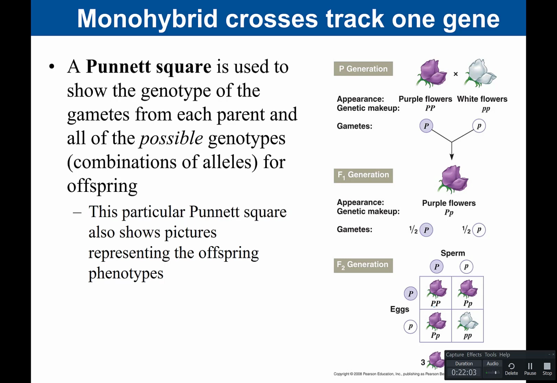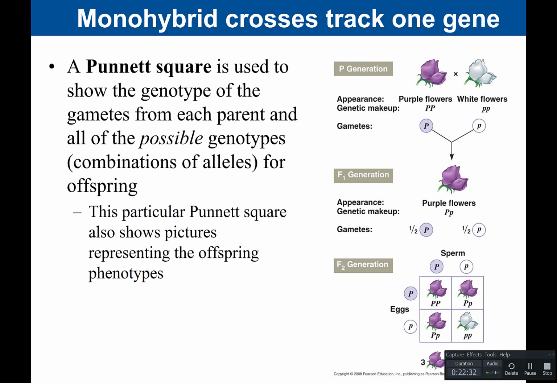However, if we look at the egg giving a little p and the sperm giving a little p, then the genotype is going to be little p, little p, and the offspring are going to have white flowers. So there is an expected ratio of 3 to 1. We would expect that if these two F1 plants mate, 3/4 would be purple and 1/4 would be white.